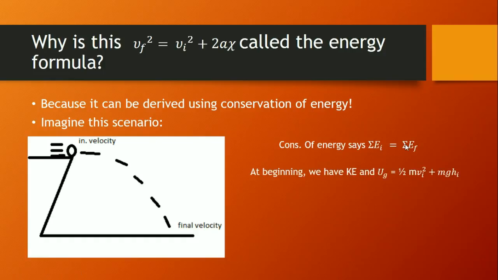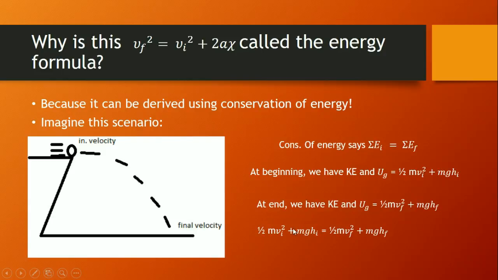At the beginning, we have kinetic and gravitational potential: 1/2 m v sub i squared, because initial velocity squared, and then m g h sub i, so initial height. At the end, we have kinetic energy and gravitational potential energy, so 1/2 m v sub f squared, final velocity squared, and m g h sub f, the final height.